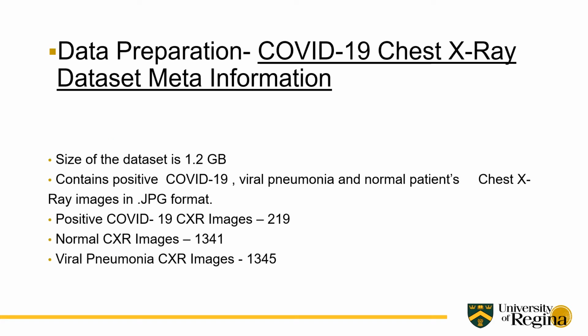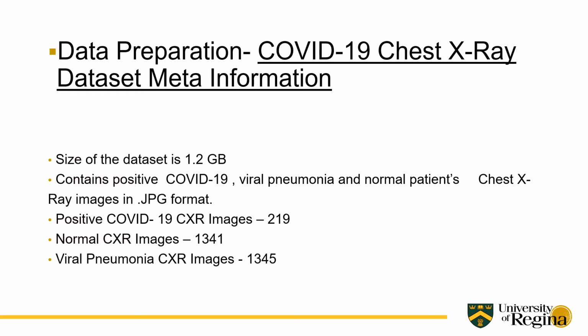Size of the data set: the size of this data set is around 1.2 GB. It consists mainly of X-ray images of viral pneumonia, positive COVID-19 patients and normal patients.